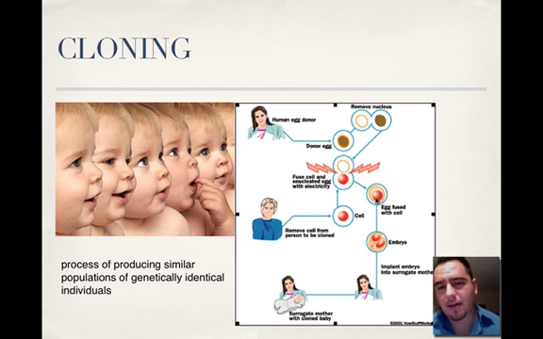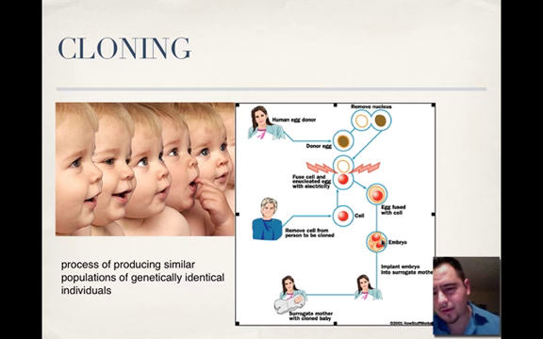Okay, so now you have the egg from the female with no nucleus. Now it has the nucleus of the guy. And then you add a couple chemicals. You can do some more electric shock treatment, and then that'll allow the cell to start multiplying and developing into an embryo.